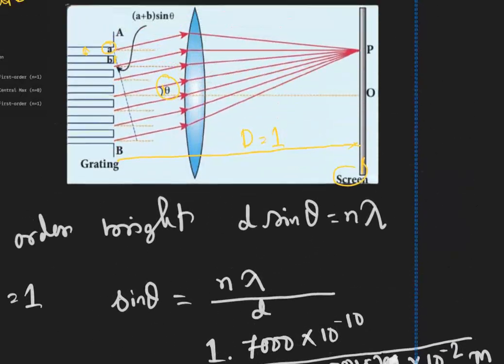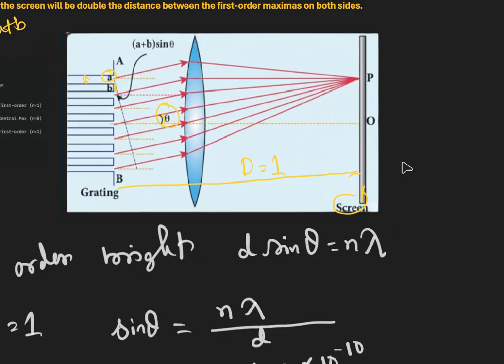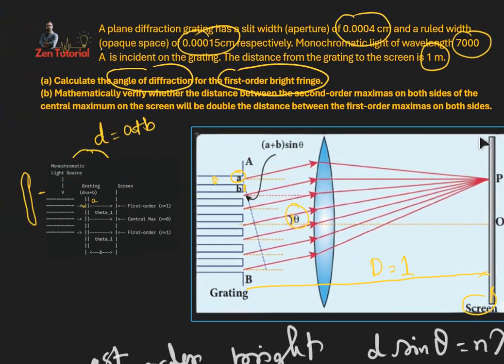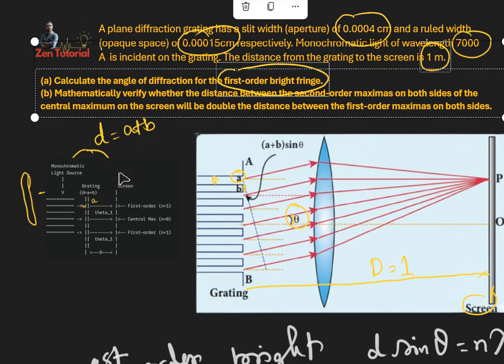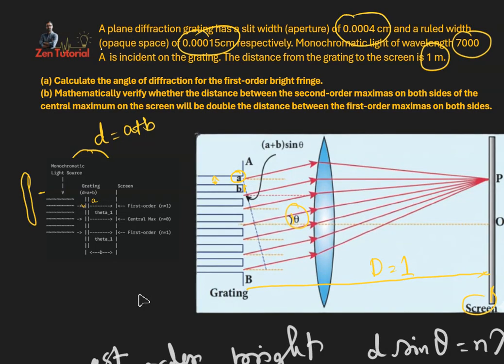Now we have to understand question B first, then let's solve the problem of B. For problem B, mathematically verify the distance between the second order maxima on both sides.